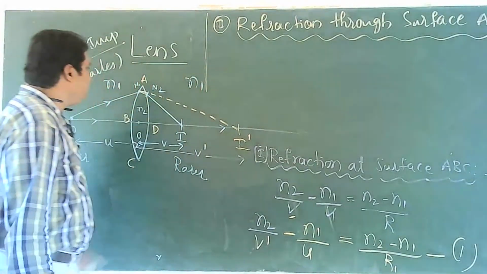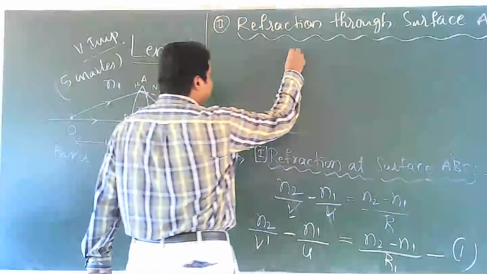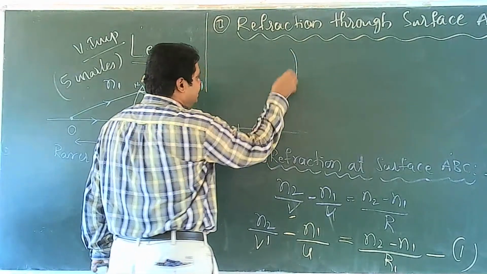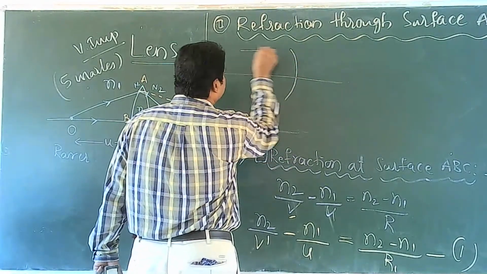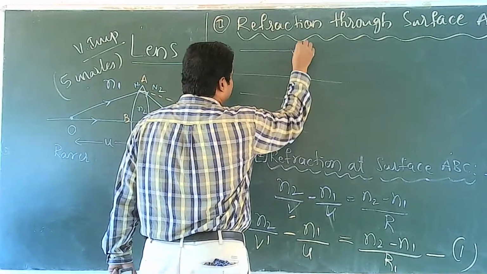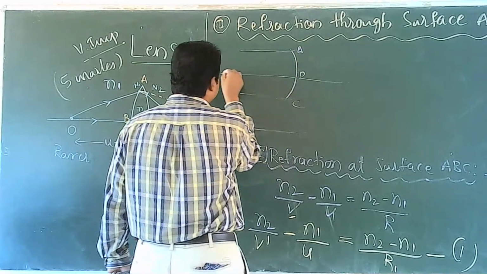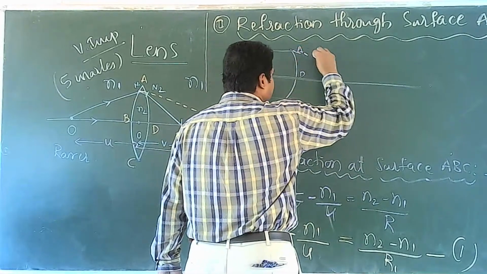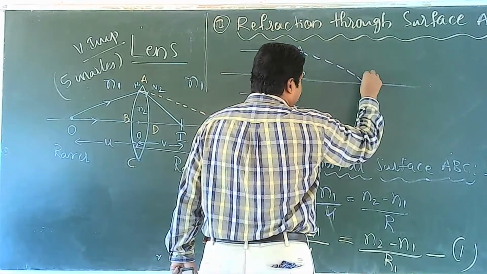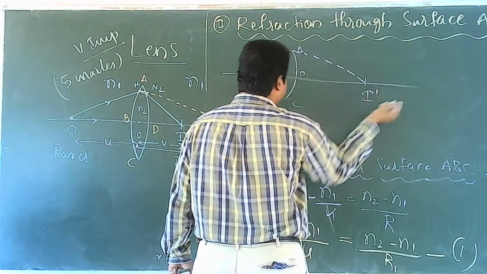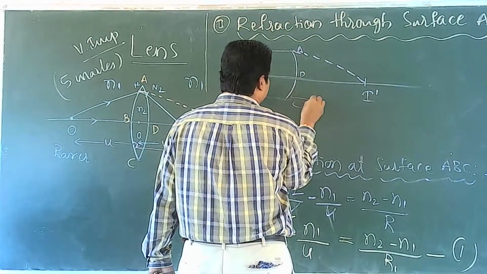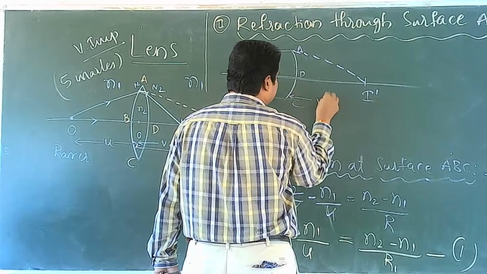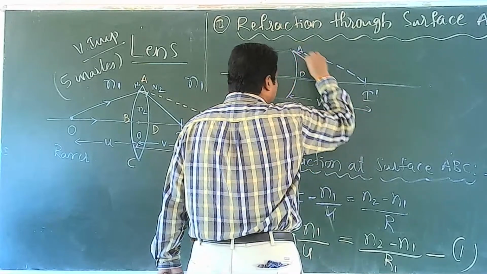Okay. Now let me draw ADC here. Just I will draw ADC. This is A, this is D, this is C. What we have? We have somewhere here I dash, which is at a distance of v dash.